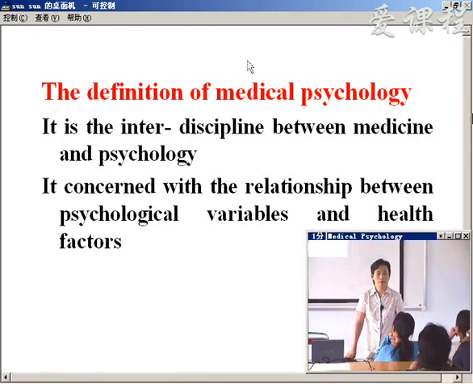Really? Stress. Okay. Any other psychological variables? Depression, emotional problem. Mania. Okay. Schizophrenia. Phobia. So everyone could have a biological problem.